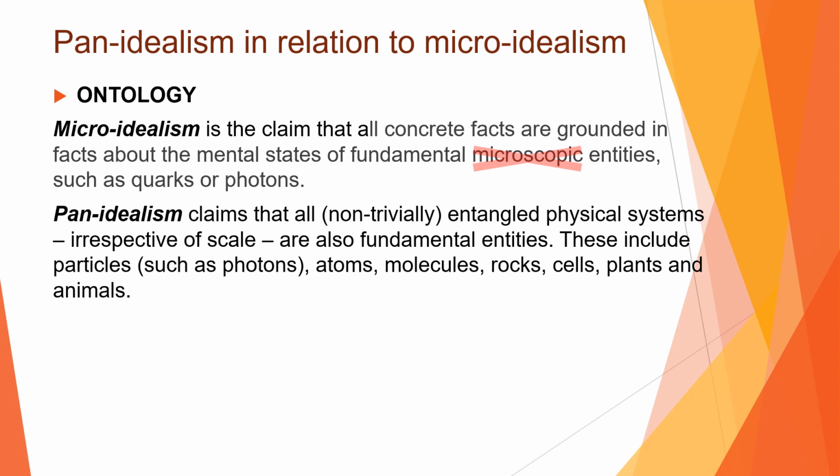Worse, it is a term from physics, thus undermining the purity of the idealist ontology. Instead, it is fundamentality that is crucial to micro-idealism. Understood in this broad sense, pan-idealism can be regarded as a special case of micro-idealism. When I want to use David's original definition, I'll say strict micro-idealism.